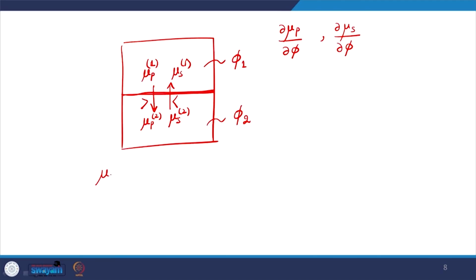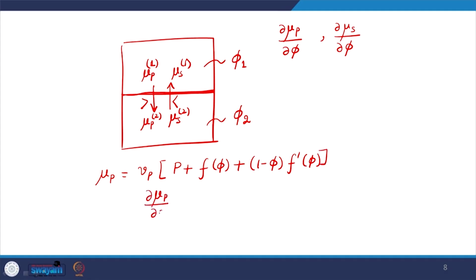I have found mu p is Vp multiplied with P plus f phi plus (1 minus phi) f prime of phi, that gives me ∂mu p/∂phi is equal to Vp multiplied with f prime phi plus, we will have (1 minus phi) multiplied with f double prime phi minus f prime phi.